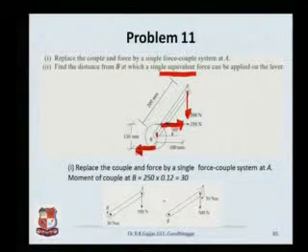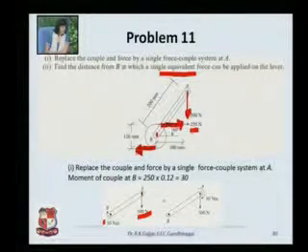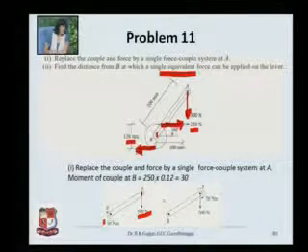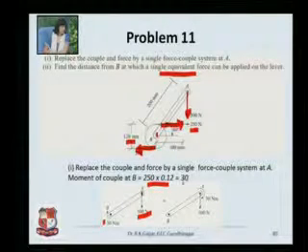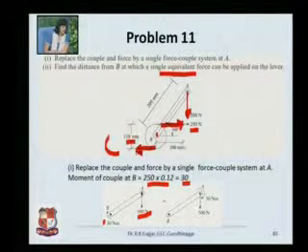Part 1. Replace the couple and force by a single force couple system at A. So let us look at point A. At point A, there was already a 500 Newton force. At point B, the moment of the couple is going to be how much? 250 into the perpendicular distance, 30 Newton meter. And what is the direction of the couple?